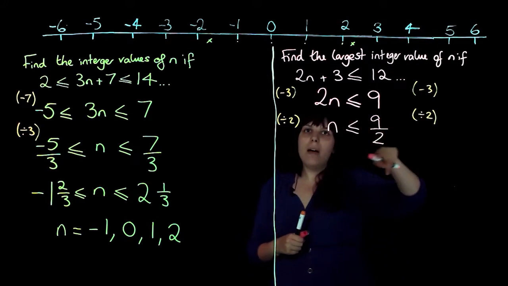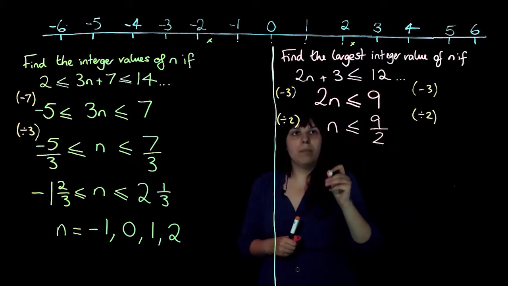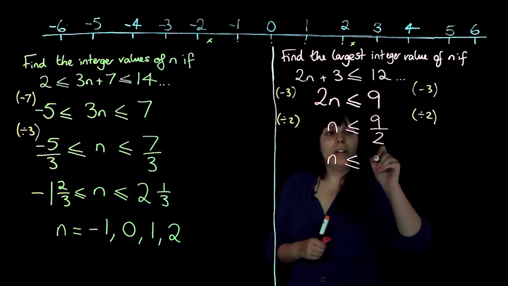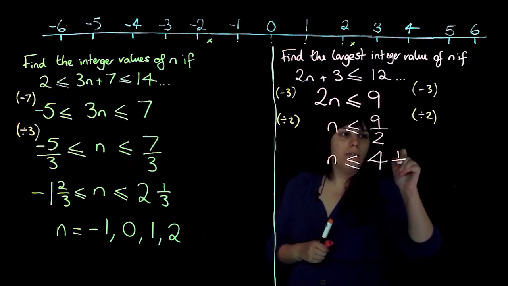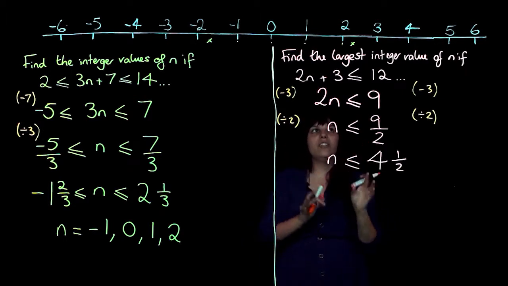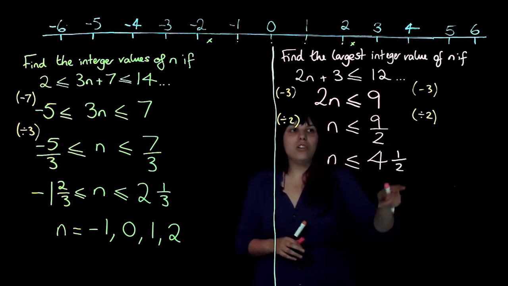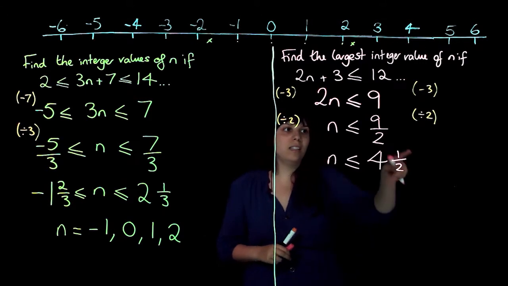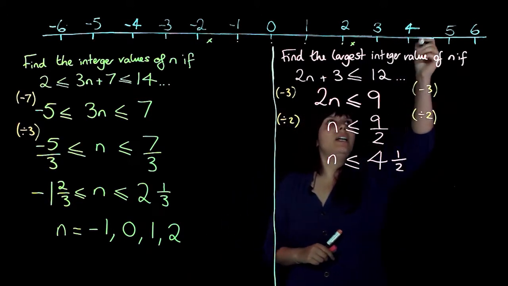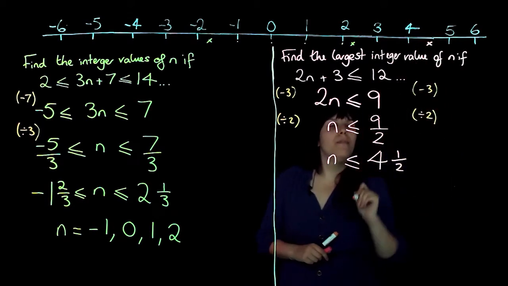And I'm going to rewrite that because it's an improper fraction at the moment. So if we make it a mixed number, 9 over 2 is the same as 4 1/2. So now I need to find the largest integer value of n. So that's the largest whole number that satisfies this inequality. So I'm going to go up to my number line and put a point at 4 1/2.